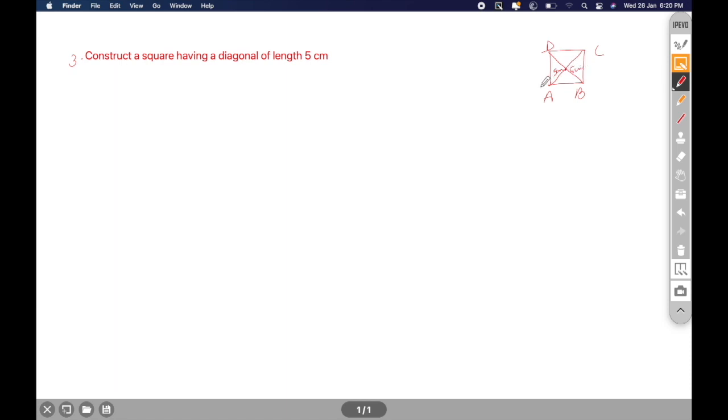But another property that is known to us is the diagonals of a square bisect at right angles, right? So they bisect each other. So using a ruler, first of all, I will draw a diagonal of 5 centimeter length, right?